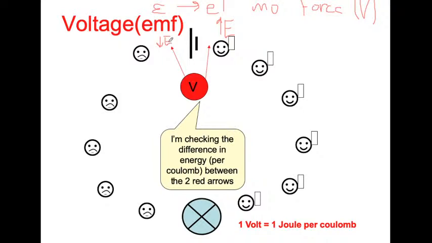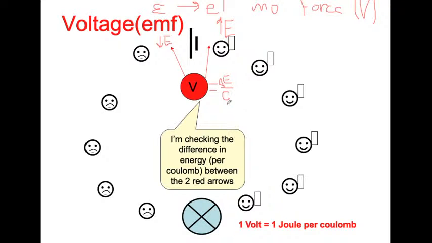So whenever we're talking about voltage, we're talking about a difference in energy between 2 points of our circuit, right? So it's the difference in energy per coulomb. So a volt is always change in energy per coulomb, or per charge.